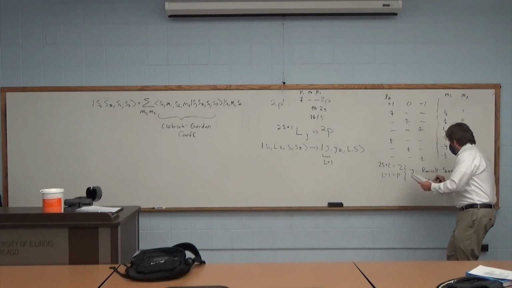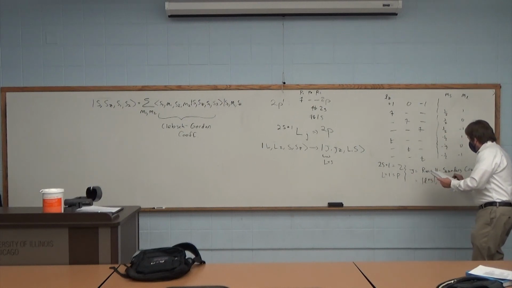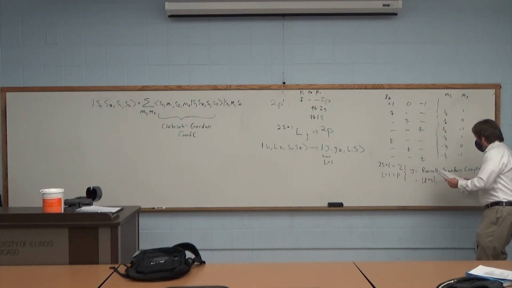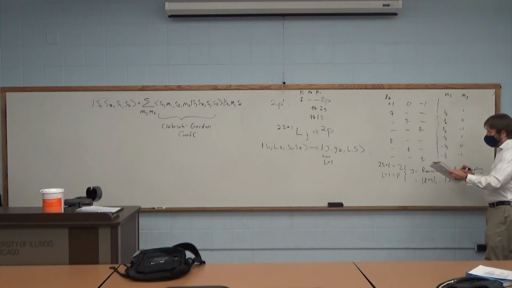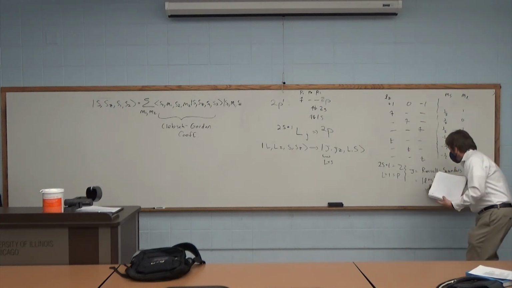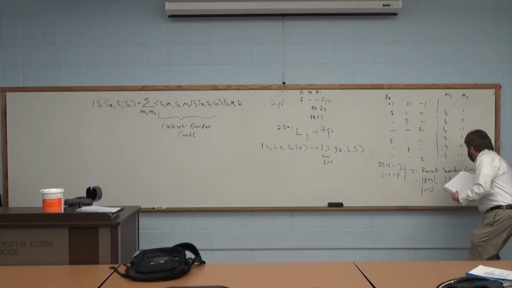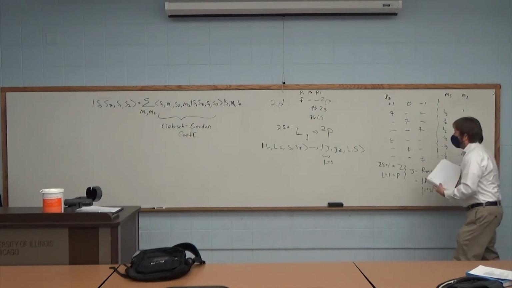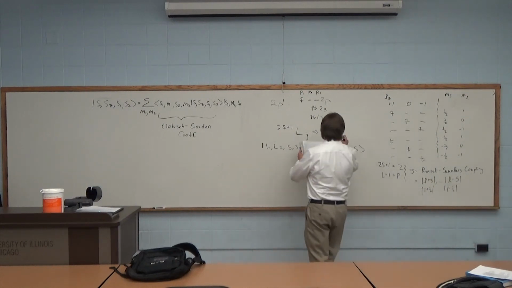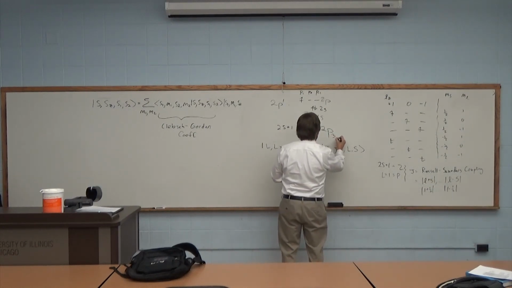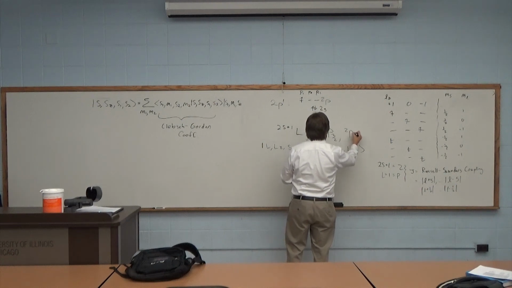The way this works is you go from L plus S down to L minus S. So here you have 1 plus 1/2 down to 1 minus 1/2. So you can either have 2P 3/2 or 2P 1/2.